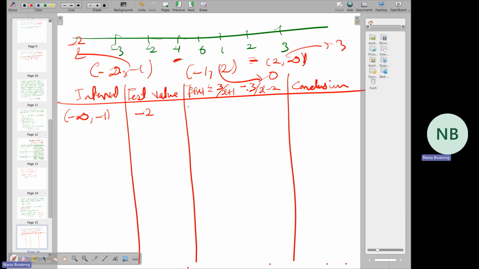So f of -2 here would be 3 divided by -2 plus 1 minus 3 divided by -2 minus 2. So this will be equal to 3 divided by -1 minus 3 divided by -4, which gives us -9 divided by 4, which is negative.